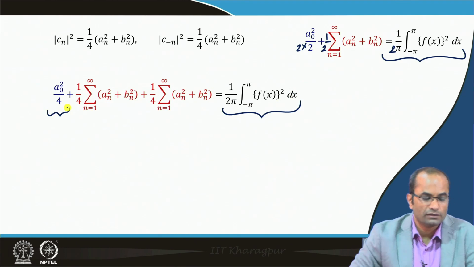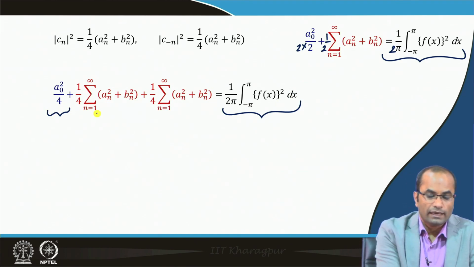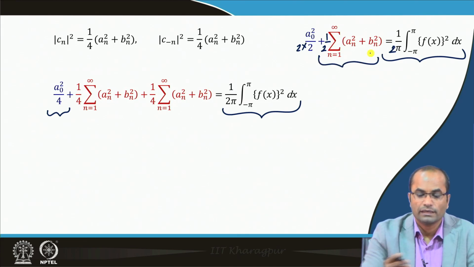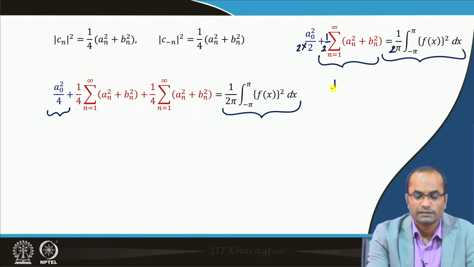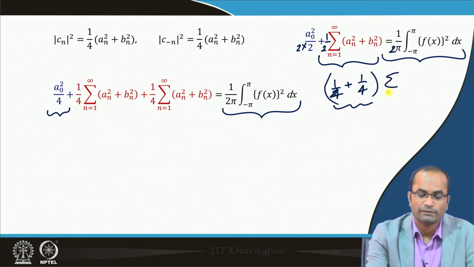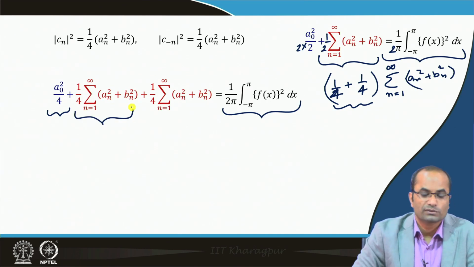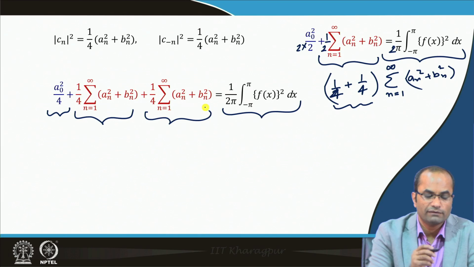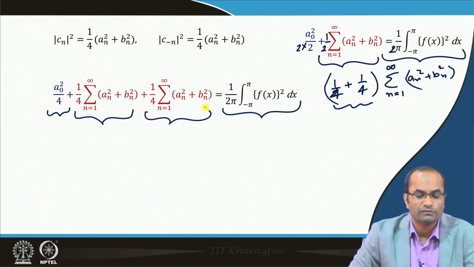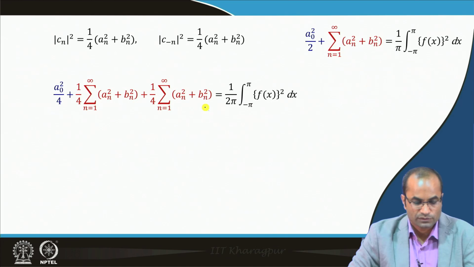The first term is A naught square by 4, and now this half of A n square plus B n square is written as 1 by 4 plus 1 by 4. So, this is 1 by 2, and then we have the series: half of A n square plus B n square is written as 1 by 4 plus 1 by 4, and so we have 1 by 4 summation from 1 to infinity of A n square plus B n square, and then again here 1 by 4 summation from 1 to infinity of A n square plus B n square.